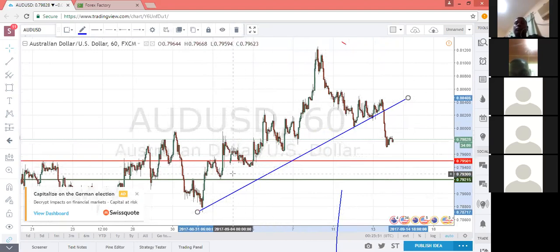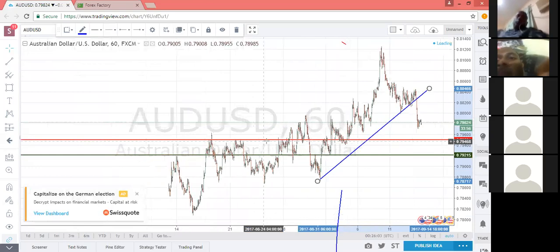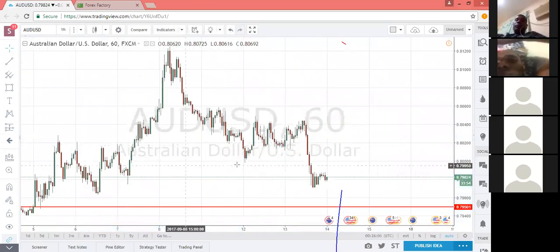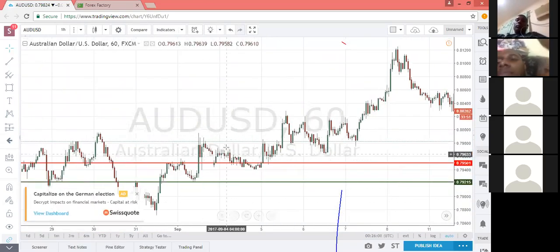Once you practice it more, like I said, the academy is there for that. It will give you the opportunity to go at your convenience, to continuously look for areas of support and resistance. And that's where it starts, from simply just drawing some lines.